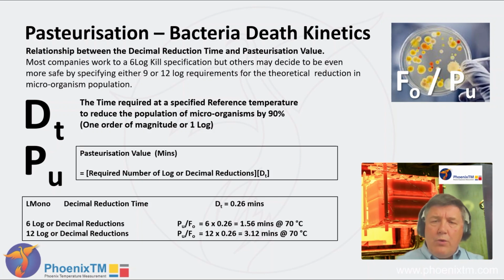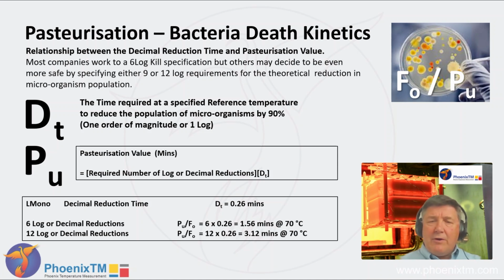The PU, or the F0 value, then is measured in minutes, and this is the number of log reductions you require in your cook multiplied by the actual decimal reduction time it takes to reduce the population by 1 order of magnitude, or 1 log in the microorganism population.